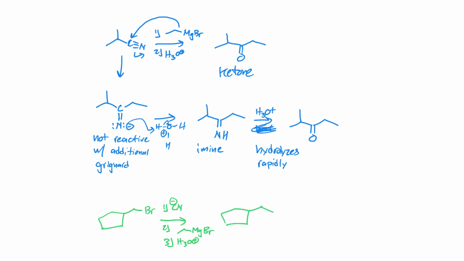So here is my new carbon that I added, and there is the ethyl group from the Grignard. So I've extended this carbon chain. It was a 1 carbon chain, now it's a 4 carbon chain by adding 2 pieces to it. I added the single carbon from the nitrile, and I added the ethyl group on the other side of that nitrile. So this can be a very useful synthetic tool as well.